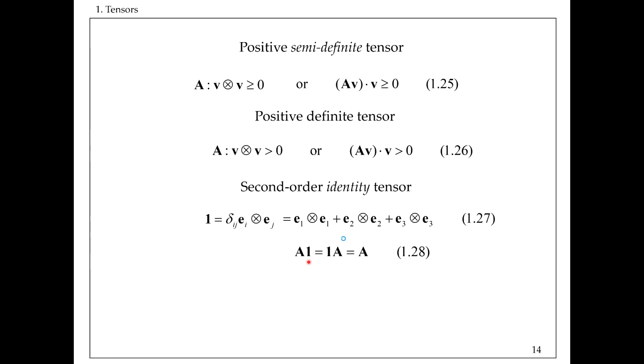Now, an important property can also be written in terms of, for example, the dot product or double dot product, or multiplication of I and A in a different manner.